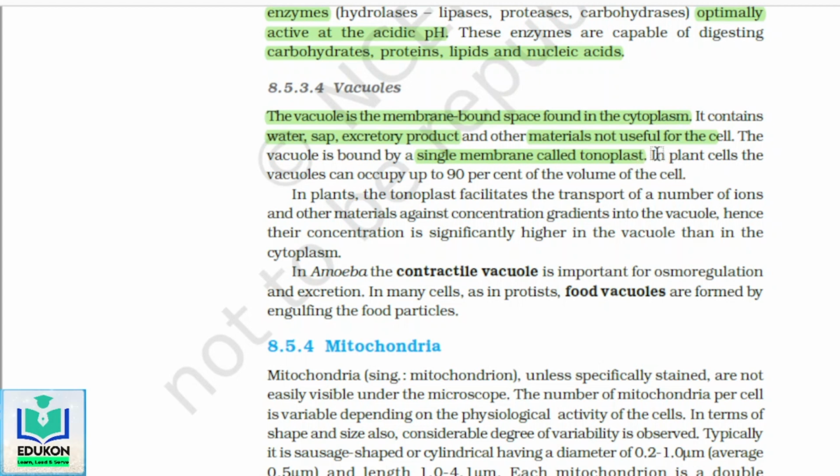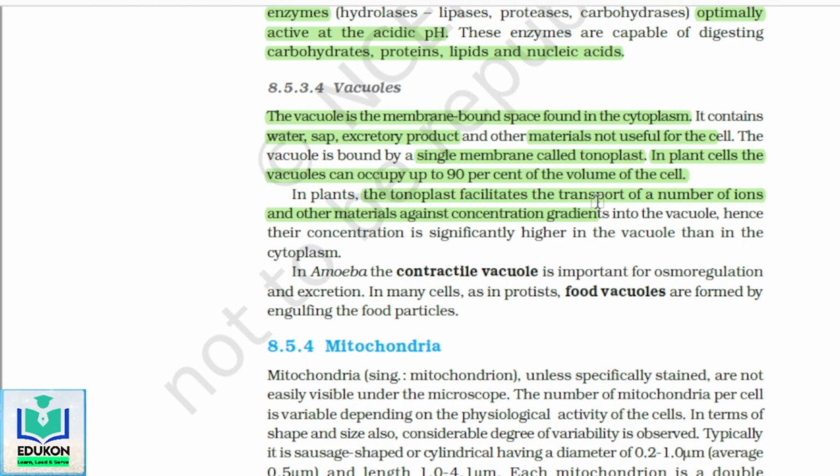Okay, in plant cells, the vacuole occupies 90% of the volume of the cell, which is not the case in animal cells. In plants, the tonoplast facilitates the transport of a number of ions and other materials against the concentration gradient. What does concentration gradient mean? From higher concentration to lower concentration.